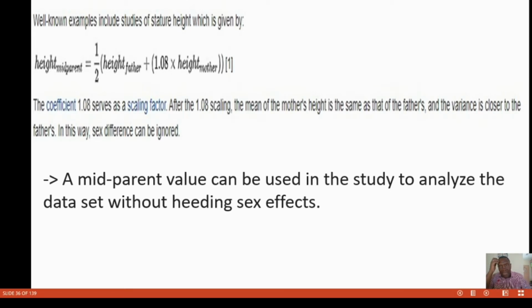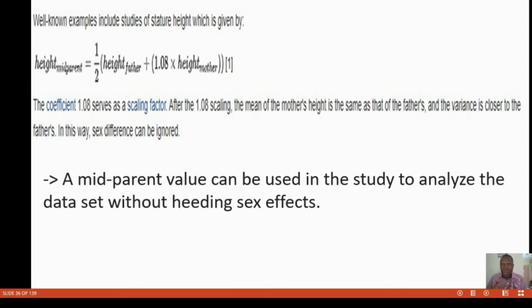And here, the coefficient 1.08 is a scaling factor. After that scaling, the mean of the mother's height and the mean of the father's height are sort of leveled.